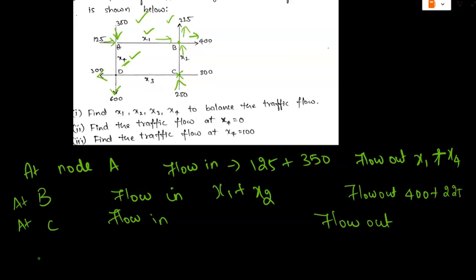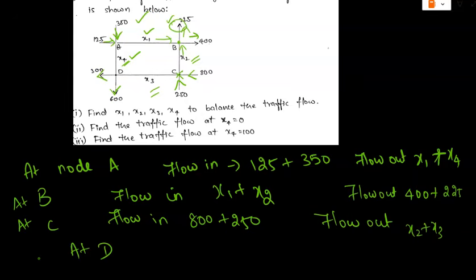So it means 800 and 250 are coming towards C, that is 800 plus 250. And what is going away from C? x3 and x2 are going away from C. So x2 plus x3 or x3 plus x2, you can write it either way.